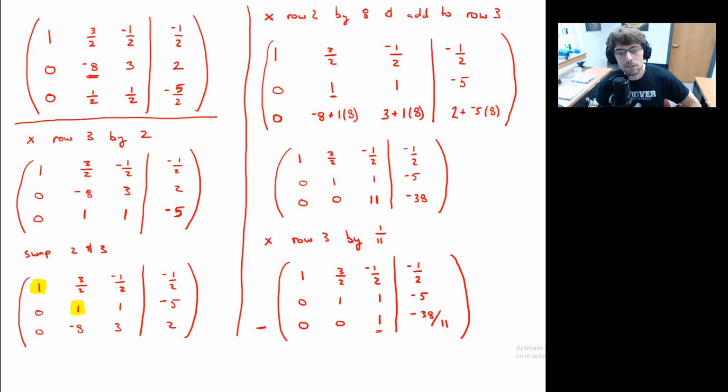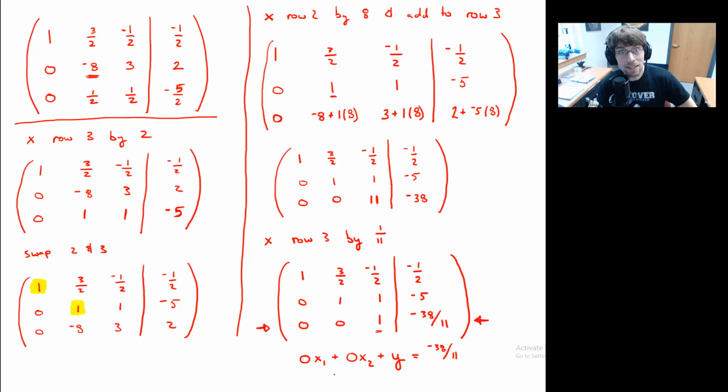If I wanted to take this third row and rewrite it as its own equation, it would be 0 x1 plus 0 x2 plus y, right? I have a coefficient of 1, equals negative 38 over 11. By doing this Gaussian elimination process, we have now identified one of the variables.